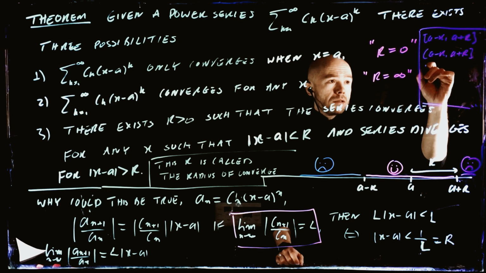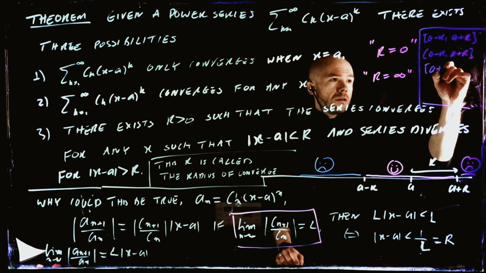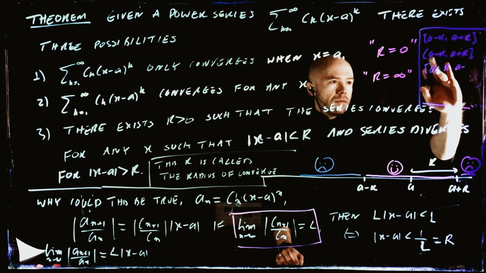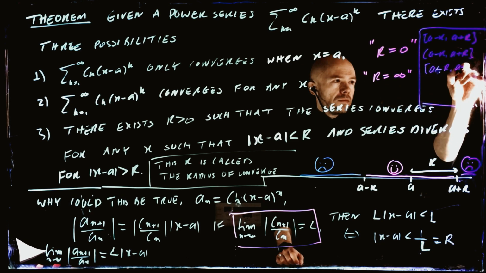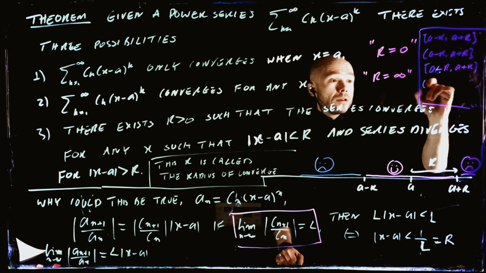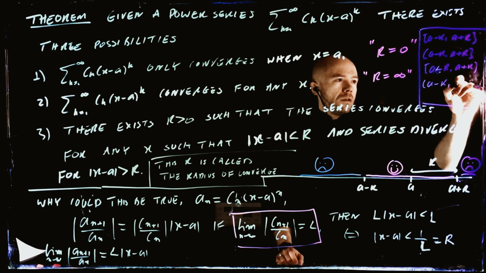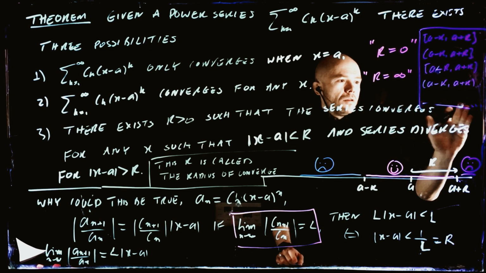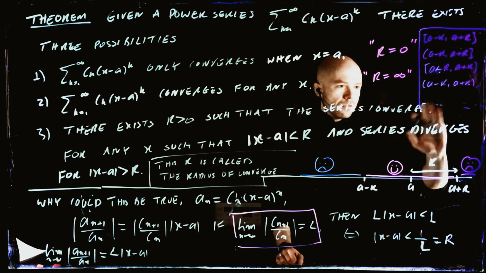Or it converges here, but not here, or it could be this. All these things are possibilities for the interval of convergence.